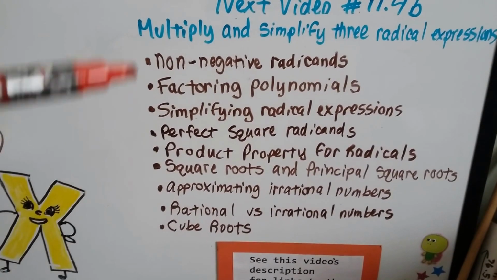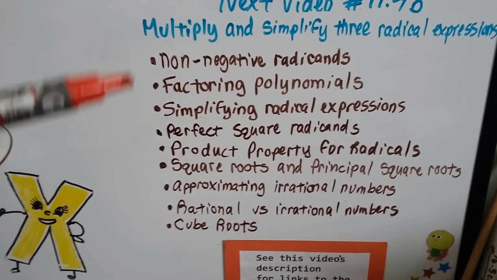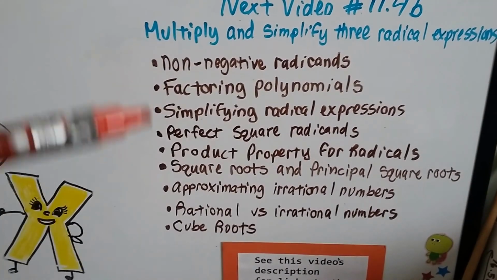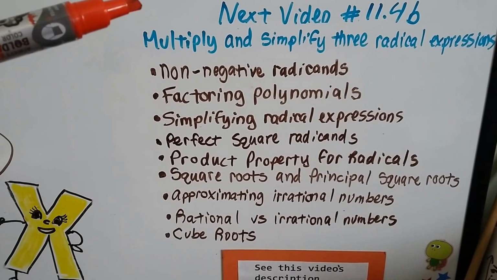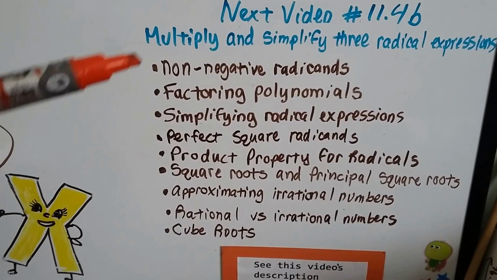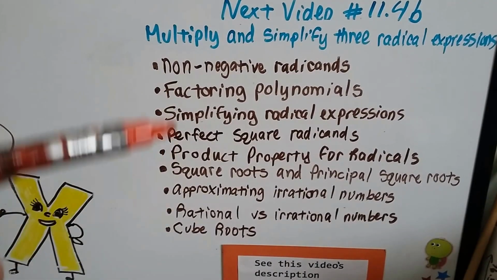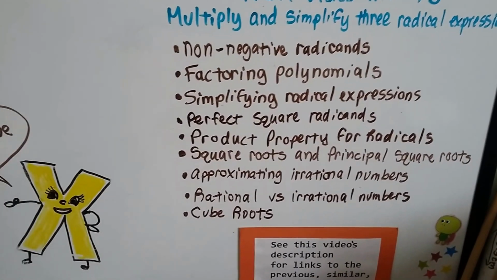And like I said before, if you want to see any of the previous videos, which if you haven't seen them and you just happened upon this video, you might want to go back to 11.1a in the playlist and start watching these because they all led up to this one. Or you can pick and choose from the description of this video, whichever one you think might help you, okay?